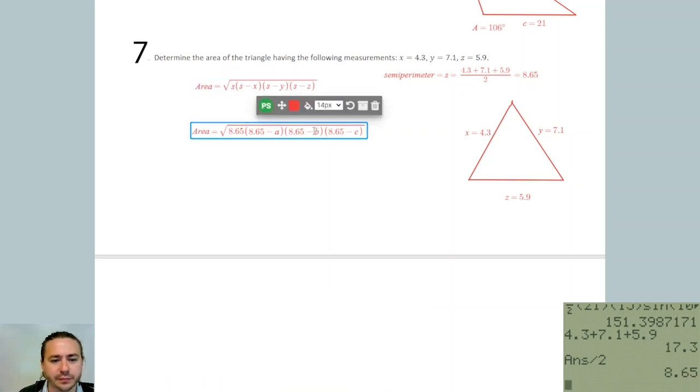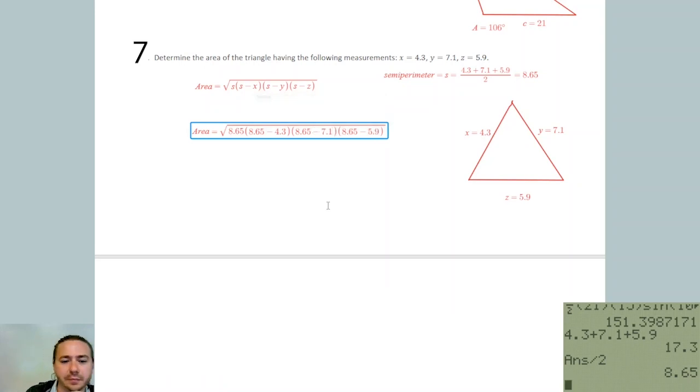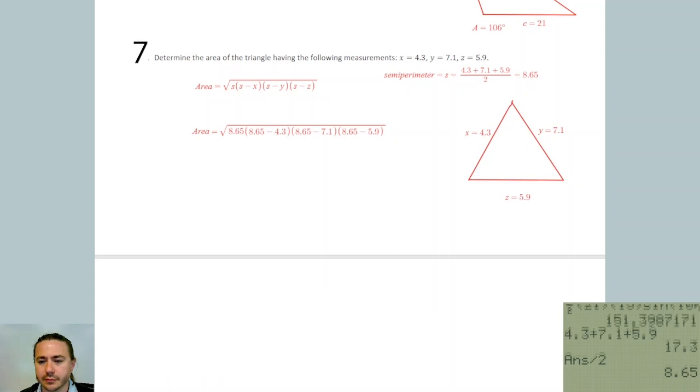represented once. So we're going to have 8.65 minus 4.3, 8.65 minus 7.1, and then 8.65 minus 5.9, and I'm going to type this into the calculator. Here we go, 8.65.